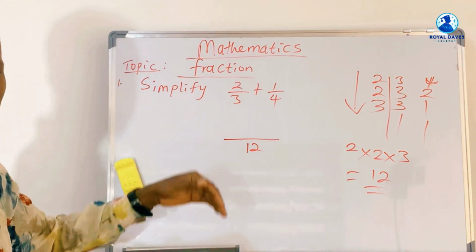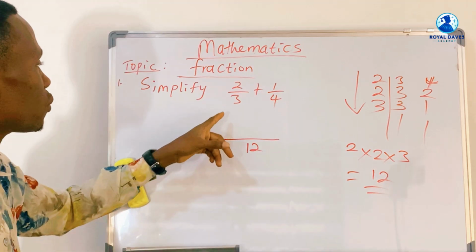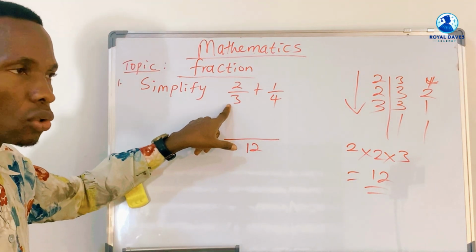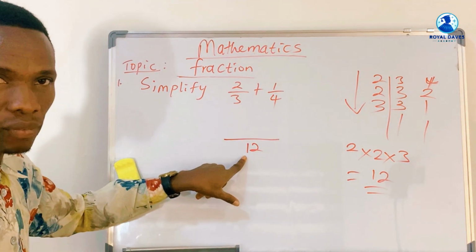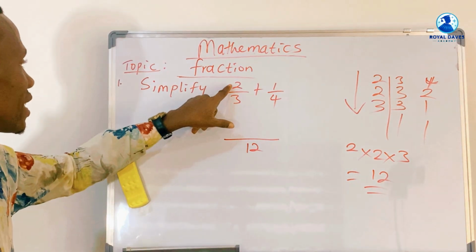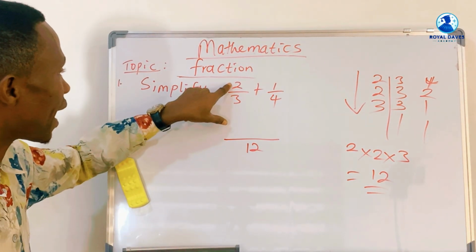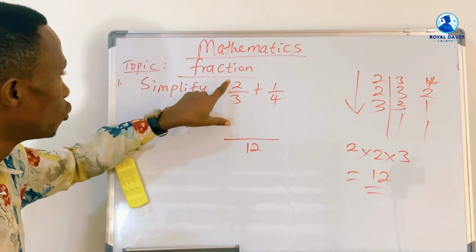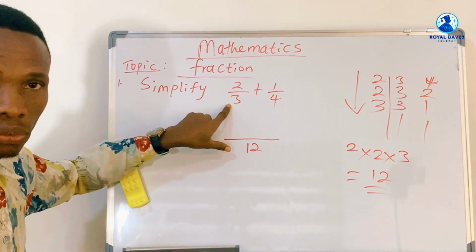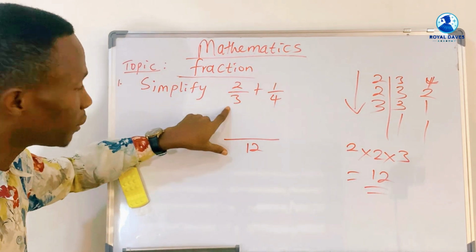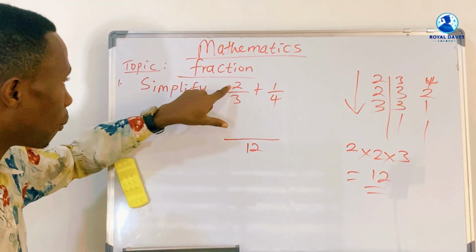Then we move to the second step. The second step involves using the denominator to divide the LCM. Remember I told you previously, this is the numerator, this is the denominator. Or you call them the top number and bottom number.